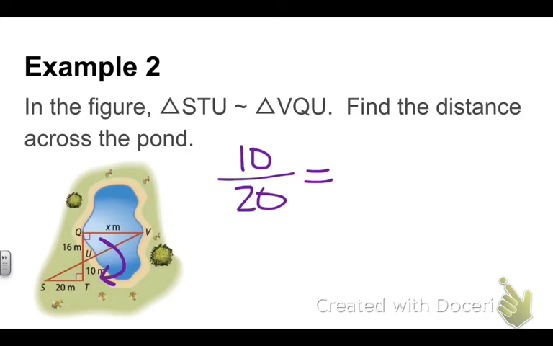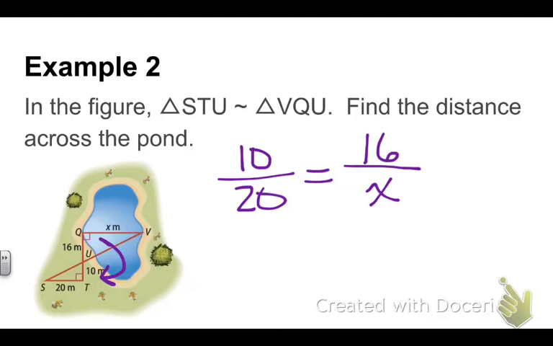Angle Q is 90 degrees and angle T is 90 degrees. If we visualize that being rotated, our 10 actually corresponds with 16, which means our 20 meters, if we rotated that around, ST would match up with VQ. That's going to be our x.